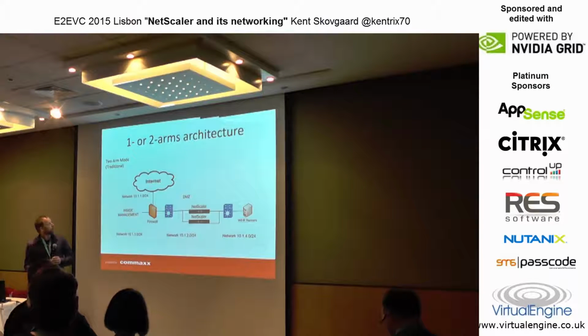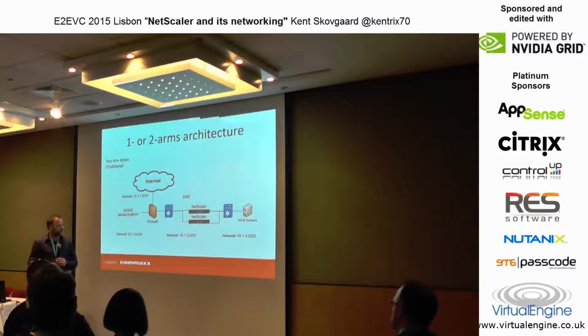So the traditional way of doing 2-arm mode, which was maybe 10 years ago, you took all your servers and services, put them on a special DMZ, or maybe more than one DMZ, and then you would change their default gateway to be the NetScaler, and then you would let the traffic flow this way.